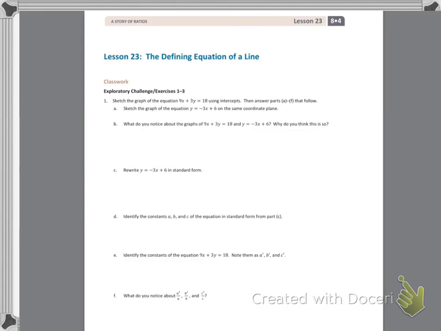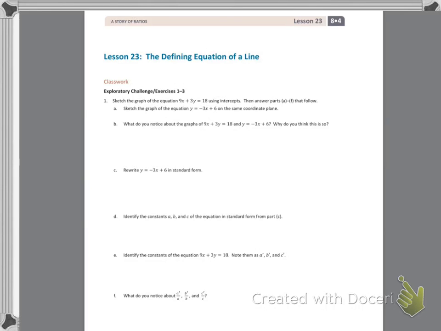You might skip a couple questions, but see if you can get through exercises 1 through 3. If you have someone to work with, that would be great. Otherwise, you can just work through the problems on your own and then come back and we will begin to look at this together and compare notes on what's happening. You are going to need graph paper for a few of these, so make sure you have some graph paper on the side to do that. Okay, go ahead and pause the video and start working.